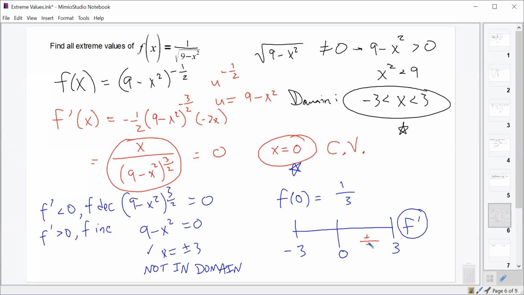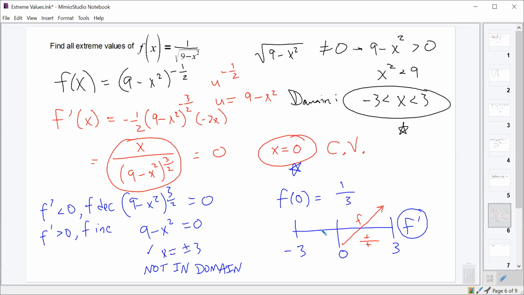So we'll have a positive number divided by a positive number, which gives us a positive number. So our derivative is positive, telling us that f is increasing. Everybody good with that? Yeah. Okay.